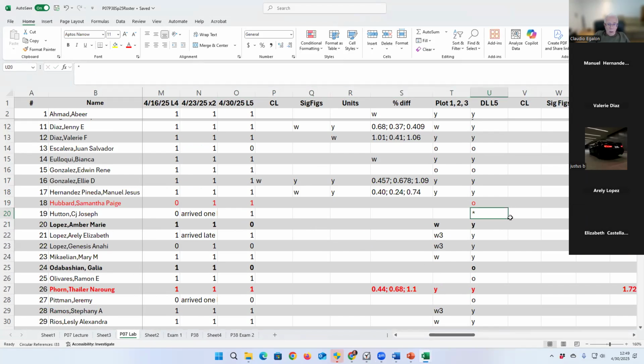What are you doing, Houghton? You download the spreadsheet. No problem. Okay, did you plot out the 3 graphs, CJ? Did you plot the 3 graphs? 2 and 3. Okay, so working on the graph.